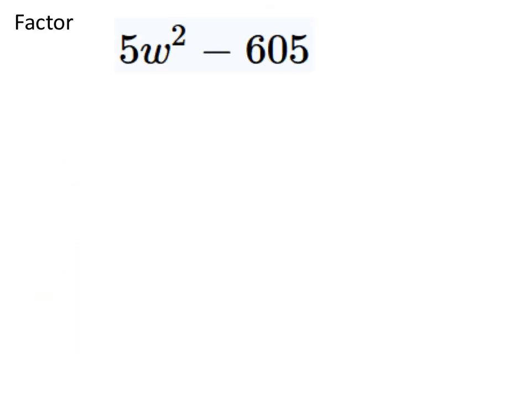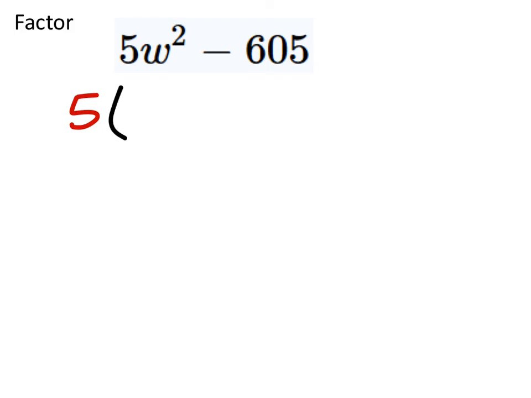So if you do hate this, again, it's just meant to show that you don't have to do it with the rule, okay? I'm going to do this by factoring by grouping. Well, how can you do that with 2 terms? Because there's 3 terms. You just don't see the third one, all right? But before we do that, we need to identify in this binomial that 5 can be factored out from 5 and 605.